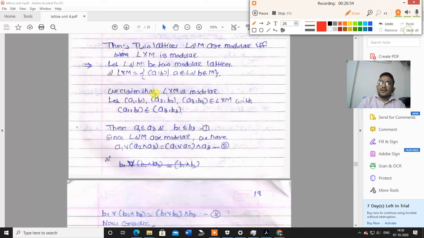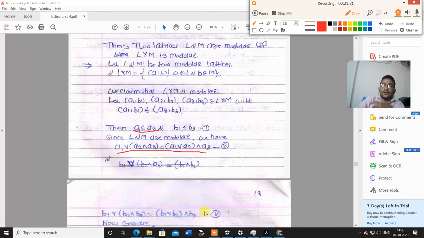And since L and M are modular lattices, they satisfy the modular law. Therefore, whenever a1 is related to a3, we have a1 join (a2 meet a3) equal to (a1 join a2) meet a3. Say this is equation 2.